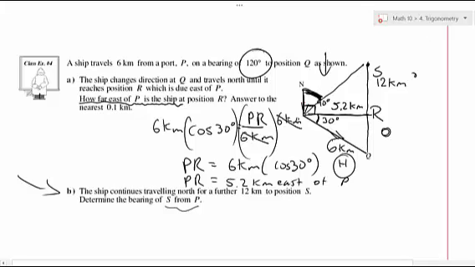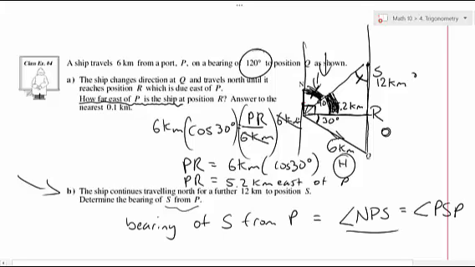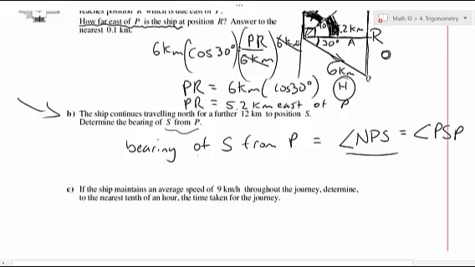We don't know what is up here. So the only angle that we can talk about is this, but that's okay because this plus this makes 90. So if we can find out this, then we can find out this because we take it away from 90 degrees. The distance here is 5.2 kilometers, and over here we have 12 kilometers. So because we have this as the angle that we're looking for, this is our opposite, this is our adjacent, we can use the tangent.